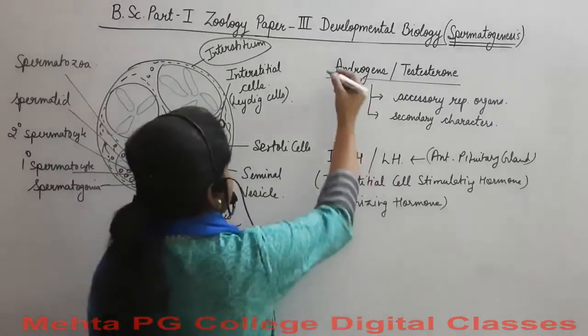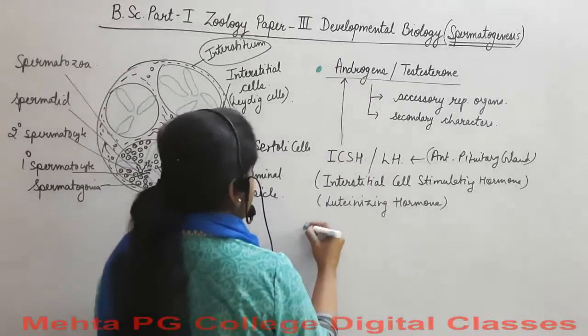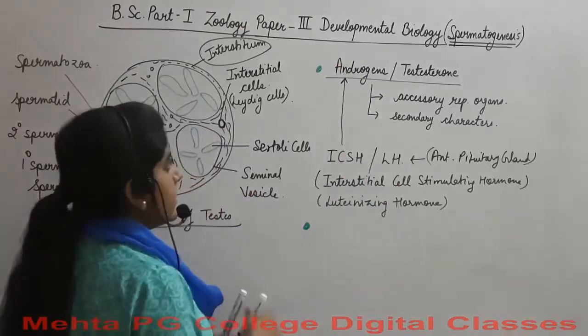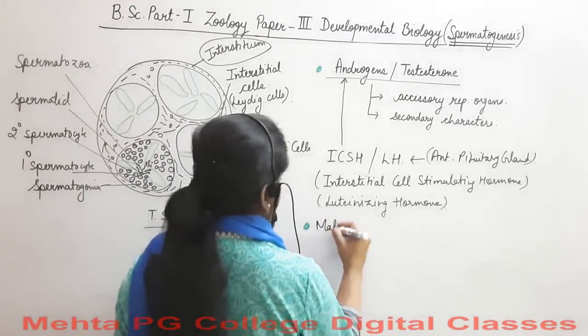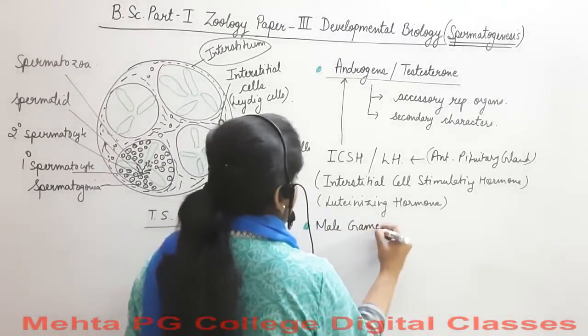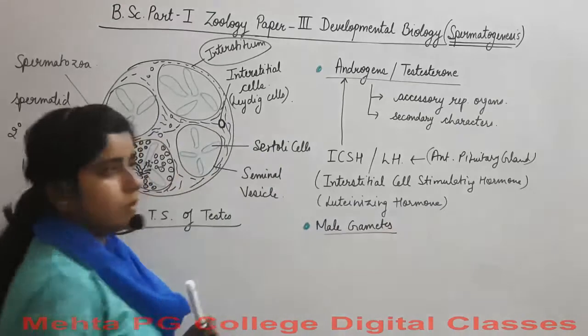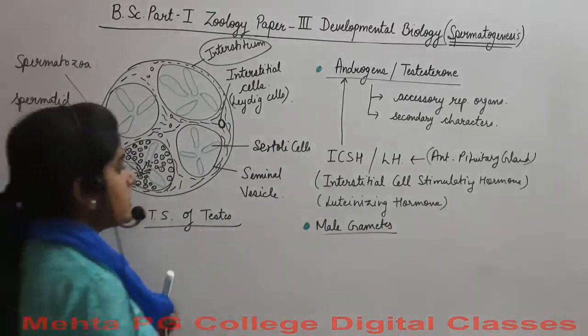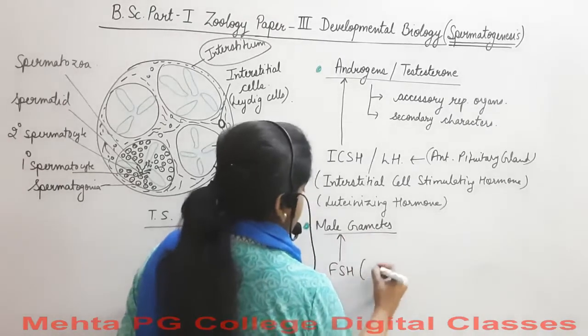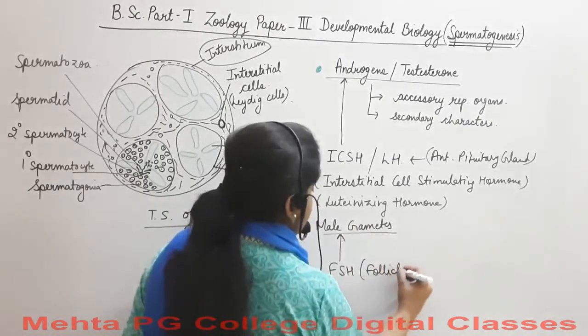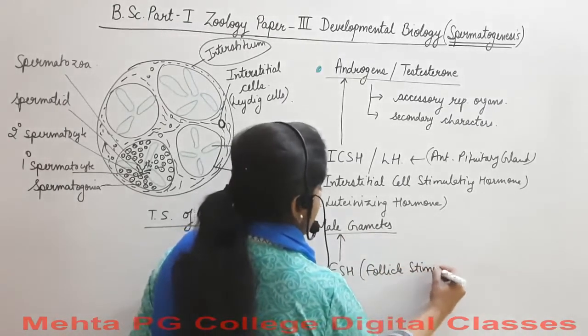Firstly, we talked about this. Secondly, we will talk about the formation of the male gamete. Male gamete formation is also under the control of a hormone called FSH, follicle stimulating hormone.